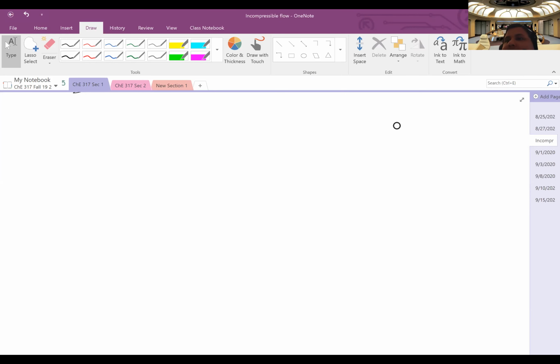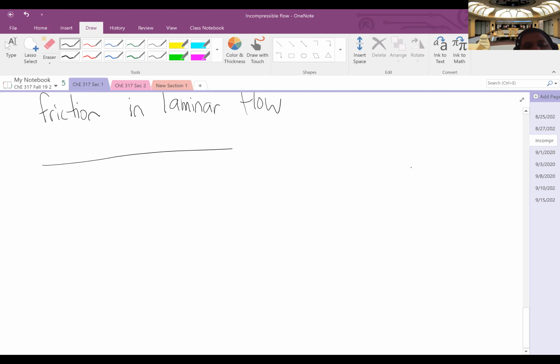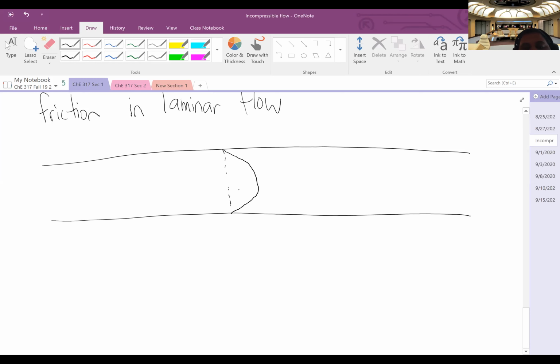All right. So looking at laminar flow. If we can recall from transport, hopefully, laminar flow primarily holds a parabolic velocity profile, which looks something like this, with the maximum flow velocity occurring at the center of our flow system.